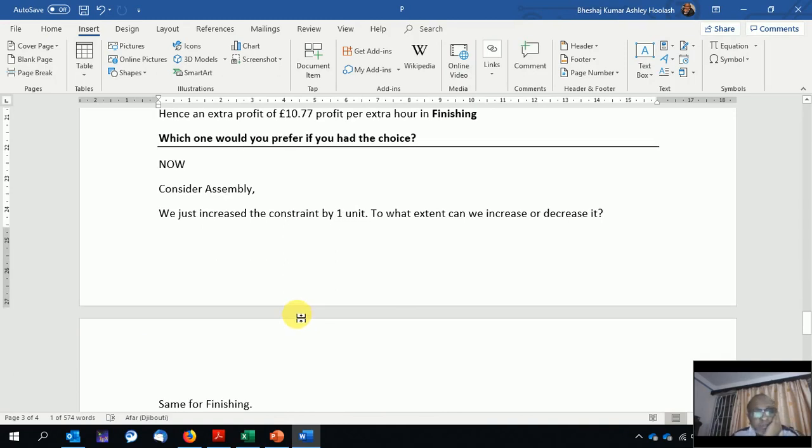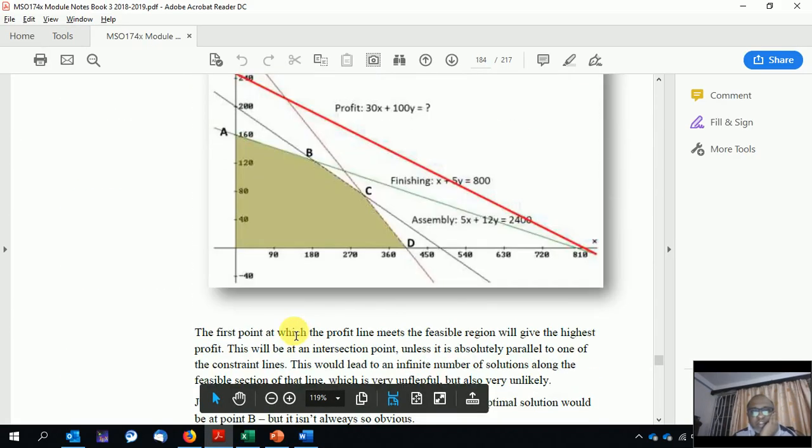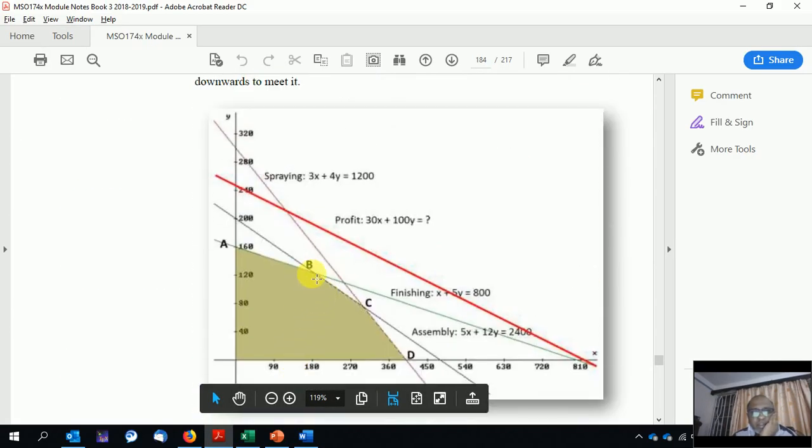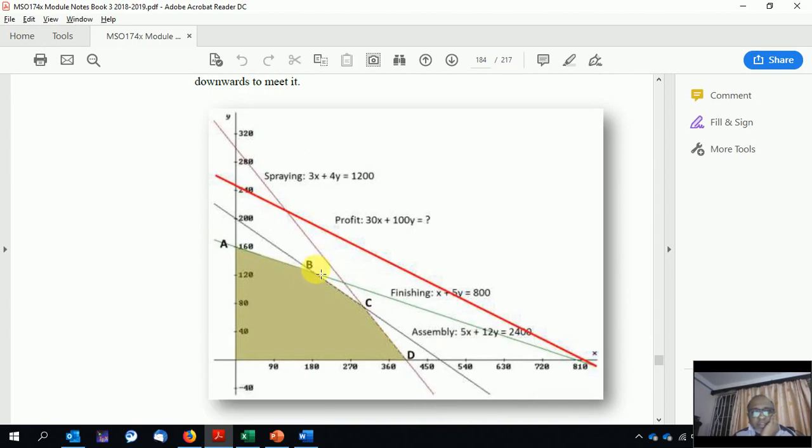Now, simple question. At some point, we can keep increasing. The boss can come and say, let's keep increasing by 1 hour, 2 hours, 3 hours, and so on and so forth, whether it's assembly or finishing. But common sense tells me something. If I keep increasing without paying attention, then at some point the gradient, remember how we got this as the optimum point.